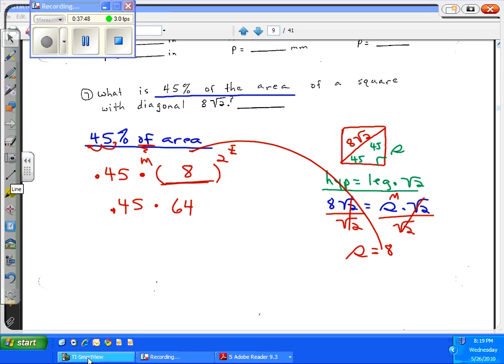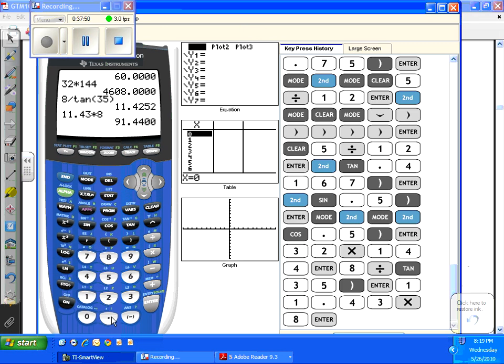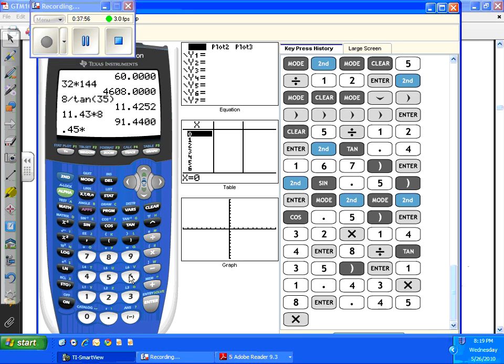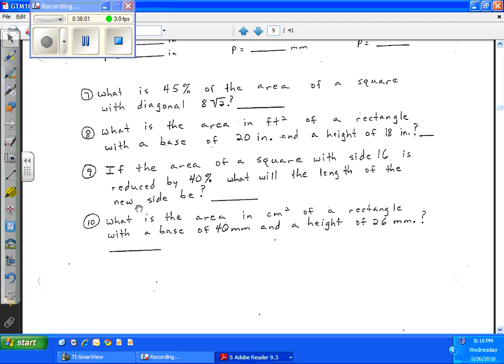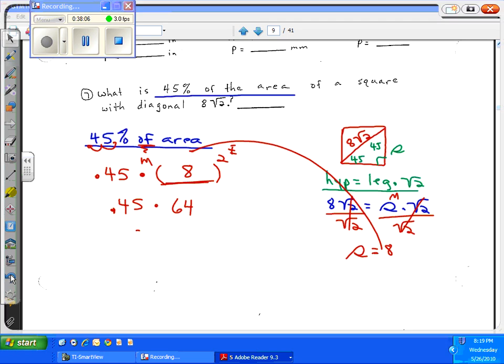Just going to use the calculator here. 0.45 times 64 is 28.8. We had no units of measure, so that's the area. Any questions on number 7?